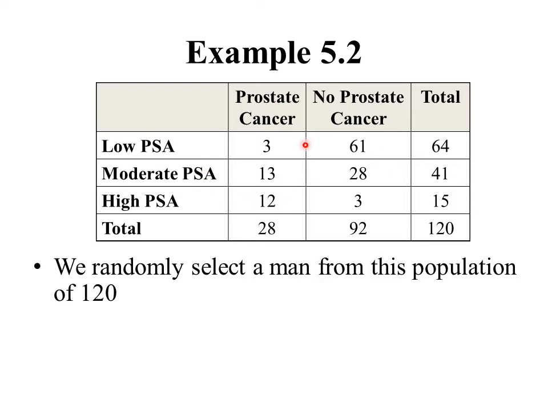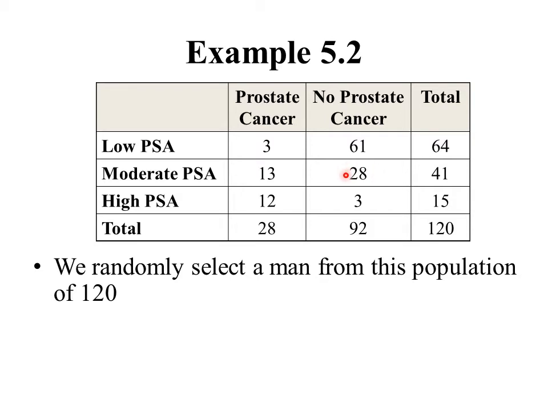So 64 men had a low score, 41 got a moderate score, and so on. Then we also look at whether they develop prostate cancer in the future or not. 28 of them did develop cancer, 92 of them did not. This number here says that 3 of the men who had a low PSA developed cancer.